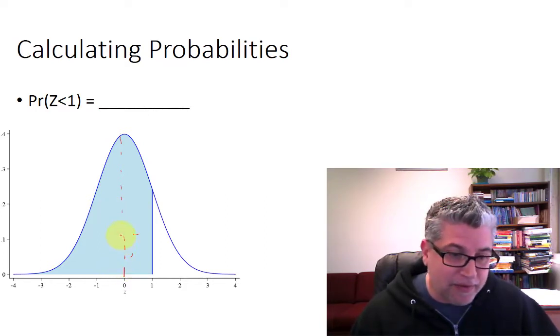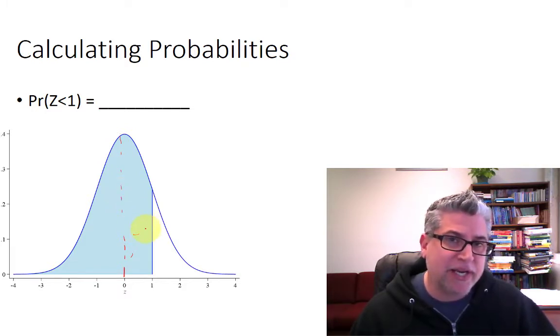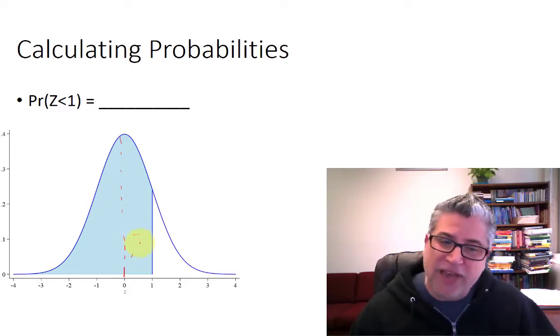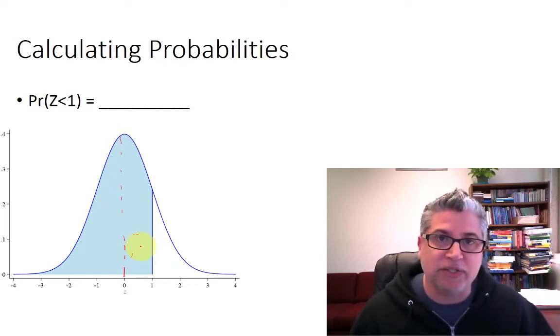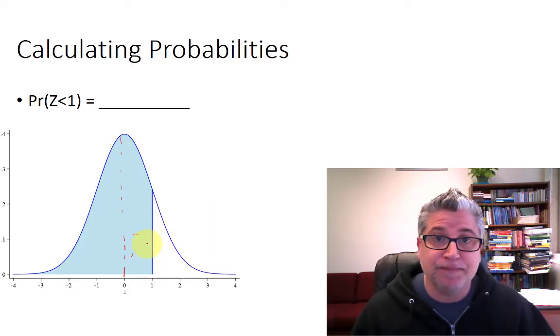Now I know that to the left of the center line is 50%, and so the number that I should get is something more than 50%. If you hadn't drawn that, you might not have come to that conclusion quite so quickly. So drawing these graphs, I think, helps.